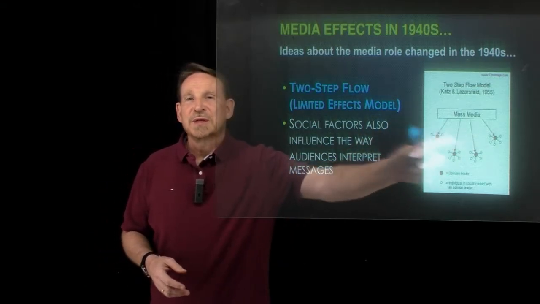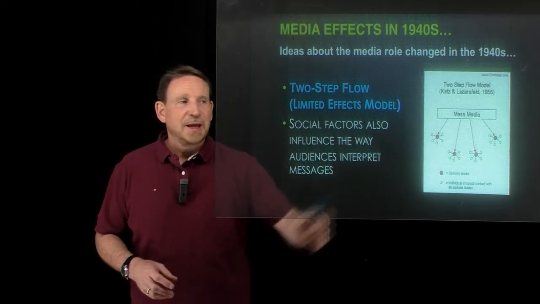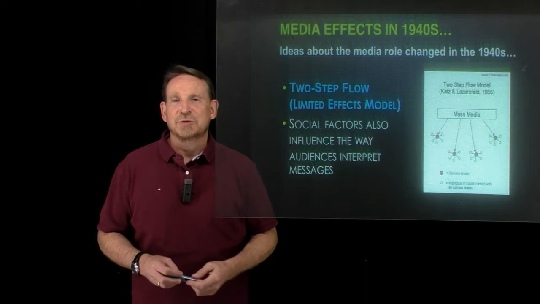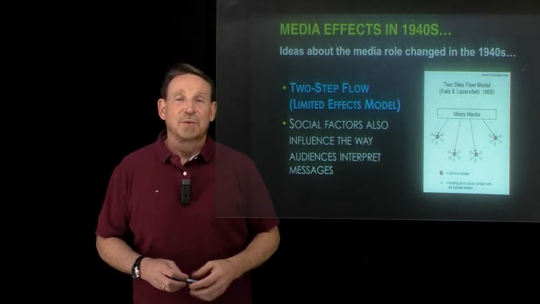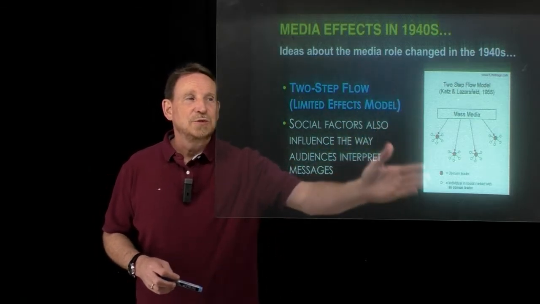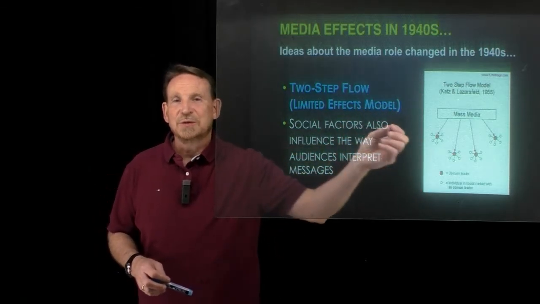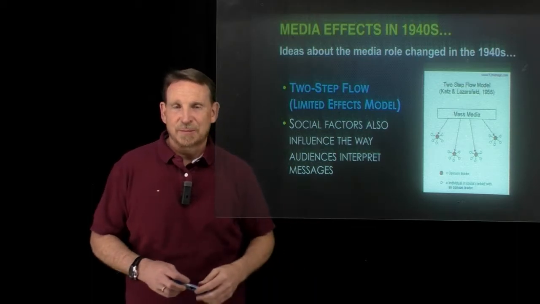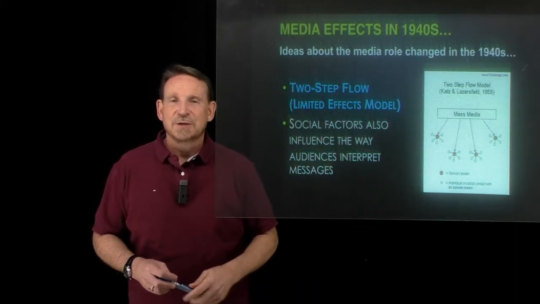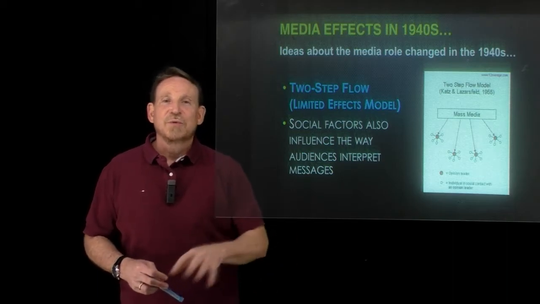Those people will take information from the mass media and then they interact with the public, and that's where the public is going to be getting their ideas about what to think and how to behave. So this is a two-step level, media messaging to opinion leaders, then to the public, and it suggests a limited effects model. So that's where we were in the 1940s, 50s.